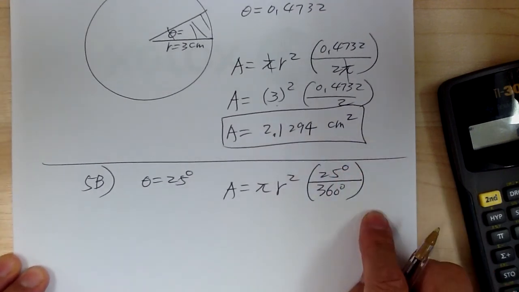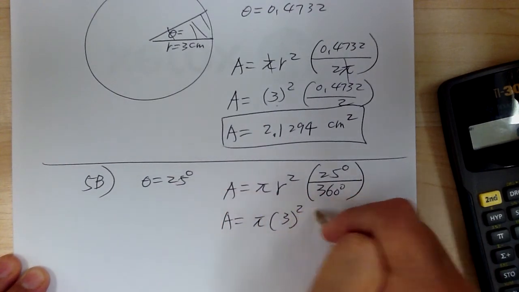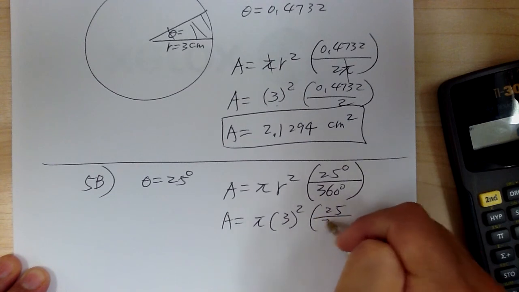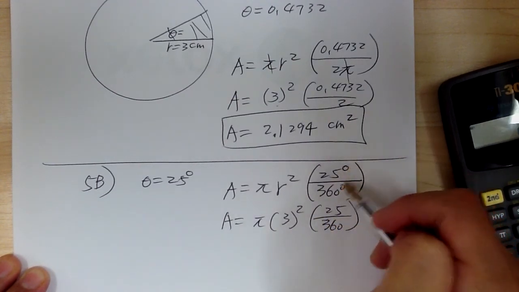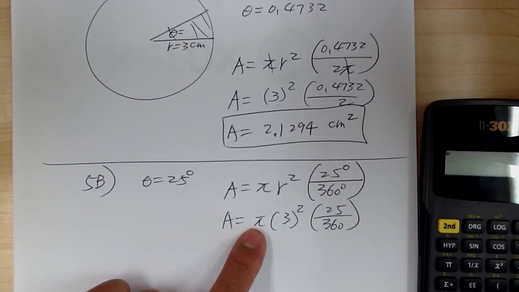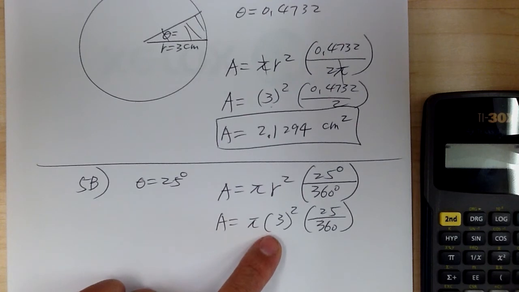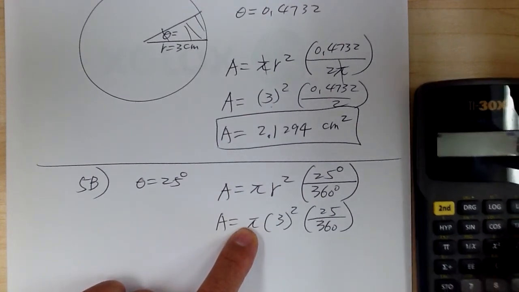And that way, again, you punch in the numbers: 3 squared, 25 out of 360. Notice I cancelled the degrees already, degree and degree cancel out. So let's work this out.